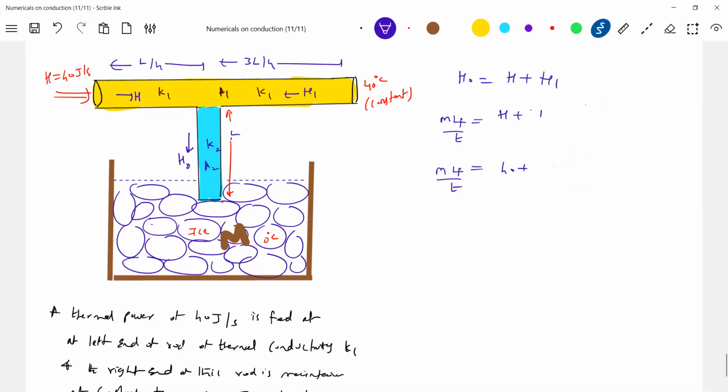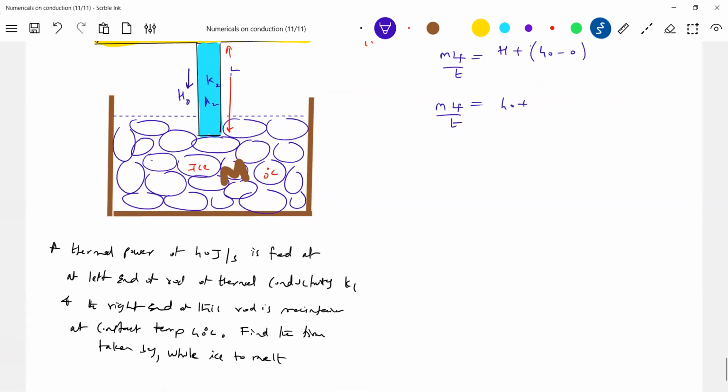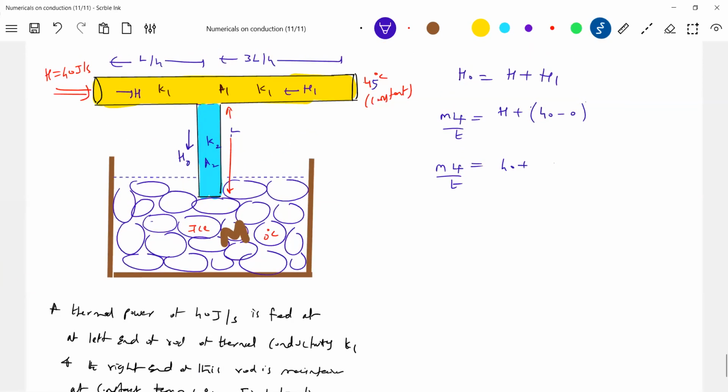So what is H1? H1 should be 40 minus 0, and if you want, I'll write it 45, divided by the effective resistance. What is the effective resistance? I should add up these two.